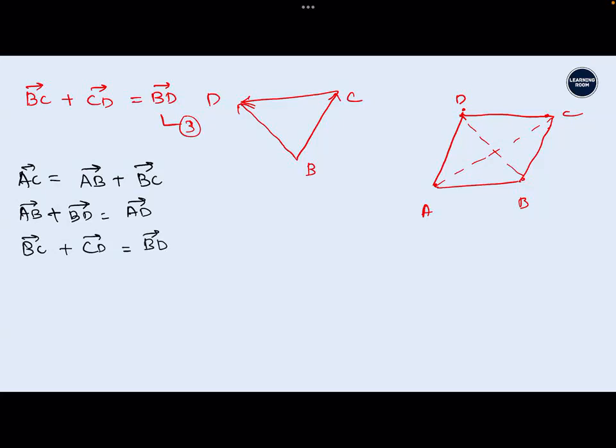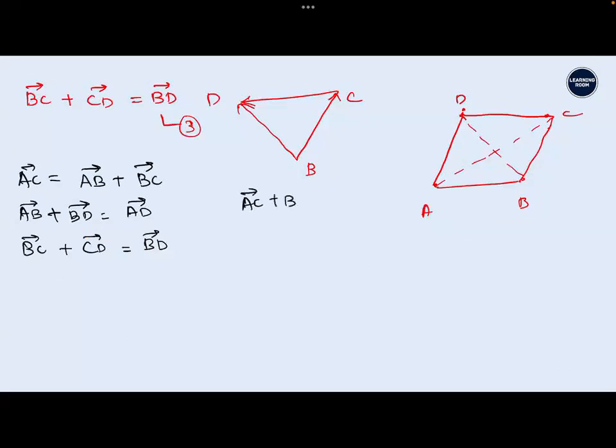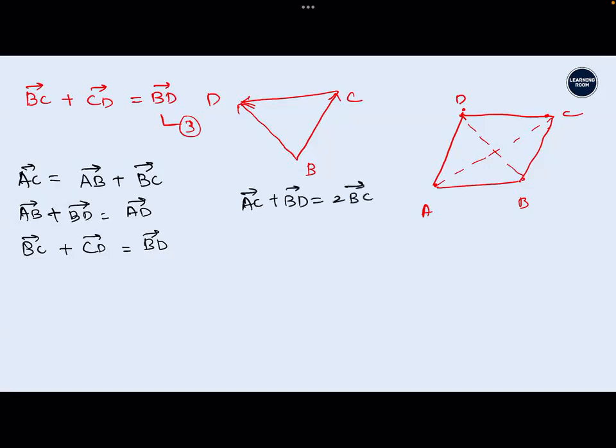So what are we supposed to prove, guys? AC vector plus BD vector is equal to 2 times BC vector. Now see what you can do with these three equations.